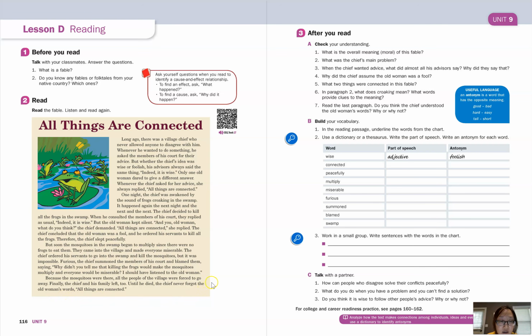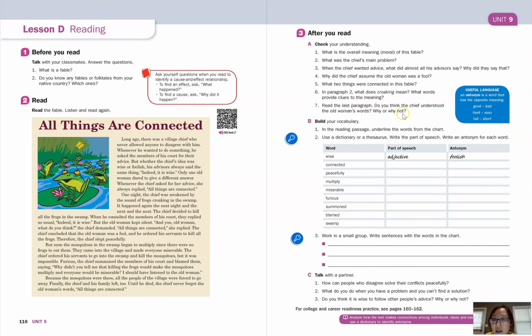So again, you could say, according to the story, the chief never forgot the old woman's words, so I think the chief understood them. And that way you are also using an effect clause.